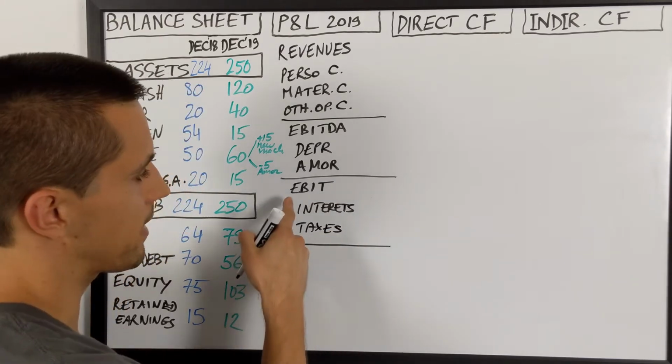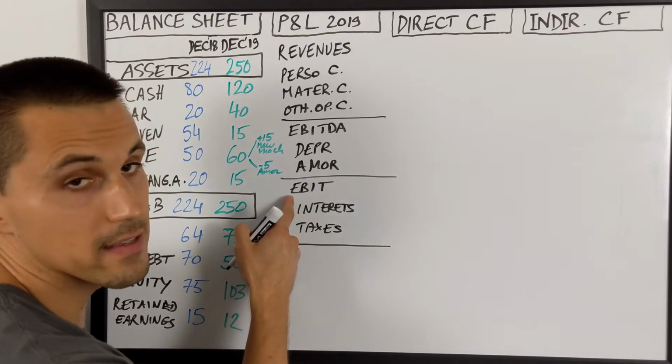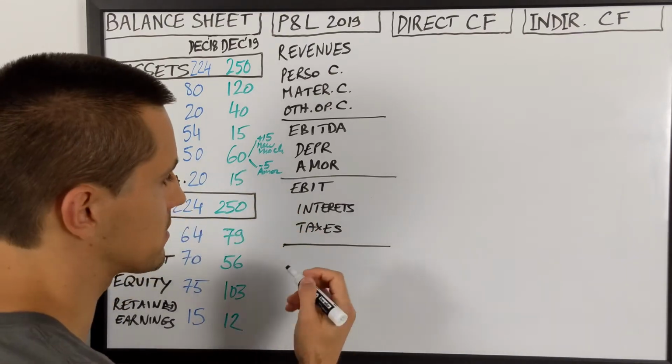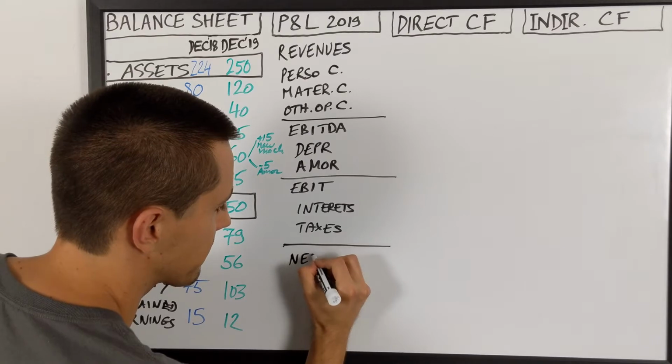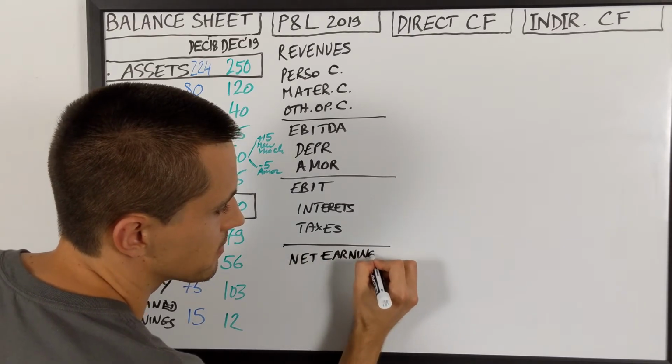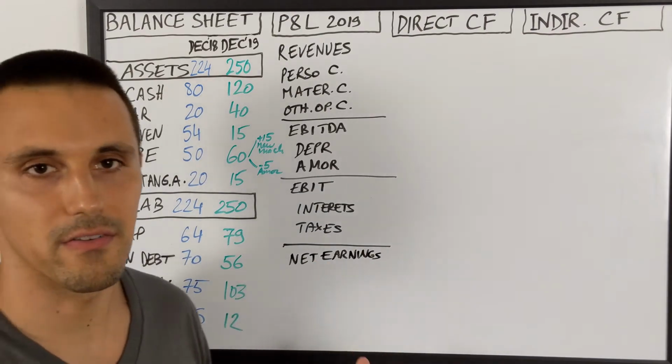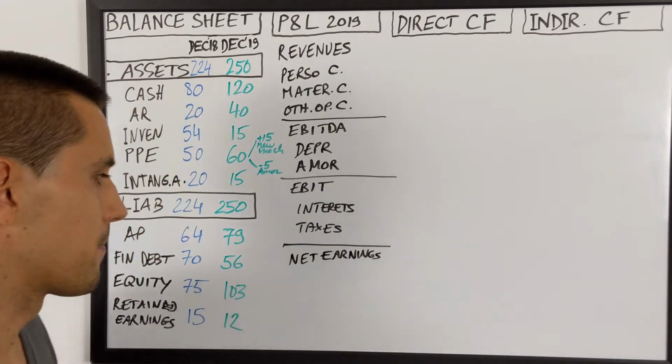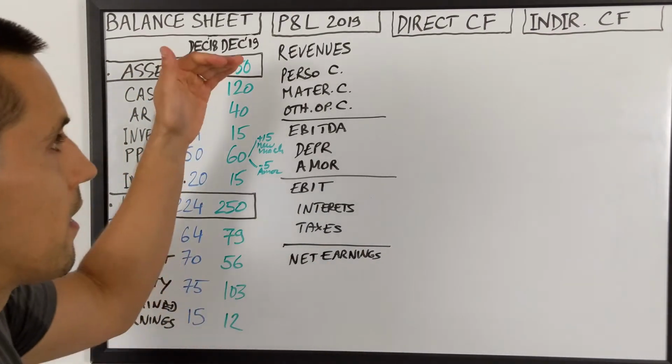And look what we have now. We only have the E, which stands for earnings, which basically means net earnings here. You can call it net earnings, net profits, net income, it's all the same. So what have we done here?